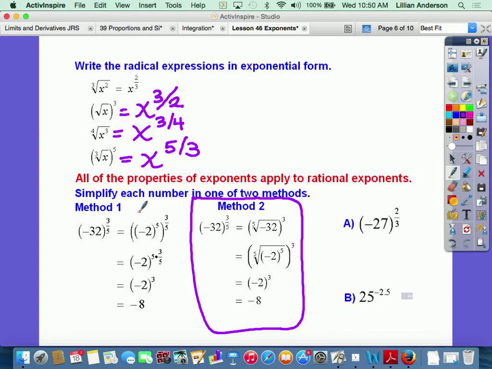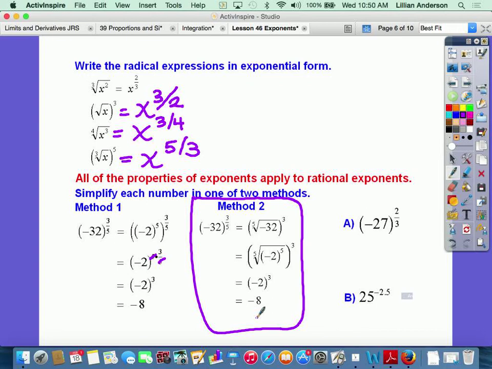And then you see that 5 times 3/5 is just 3, because the 5's cancel out. And then it's just negative 2 to the 3rd power. But that's essentially what we did before. Method 2 is what we've done. We've written it in radical form, we took the 5th root of negative 32, and then we cubed it. So this is the way that we've done before, but this is also another way you can do it.